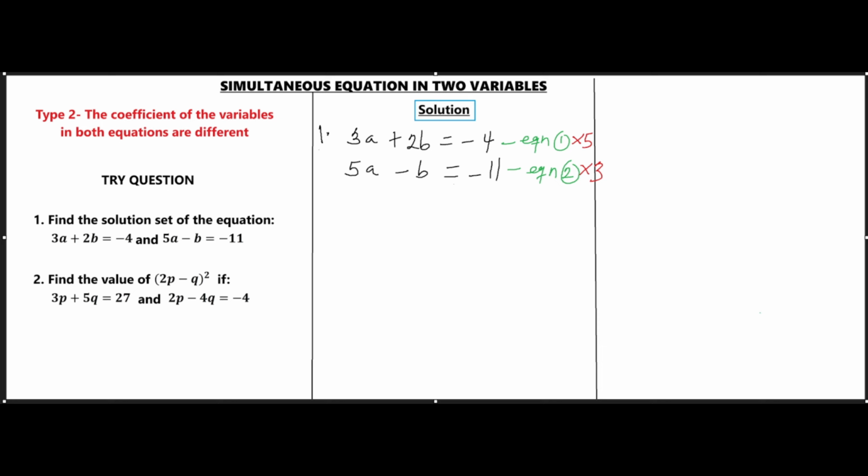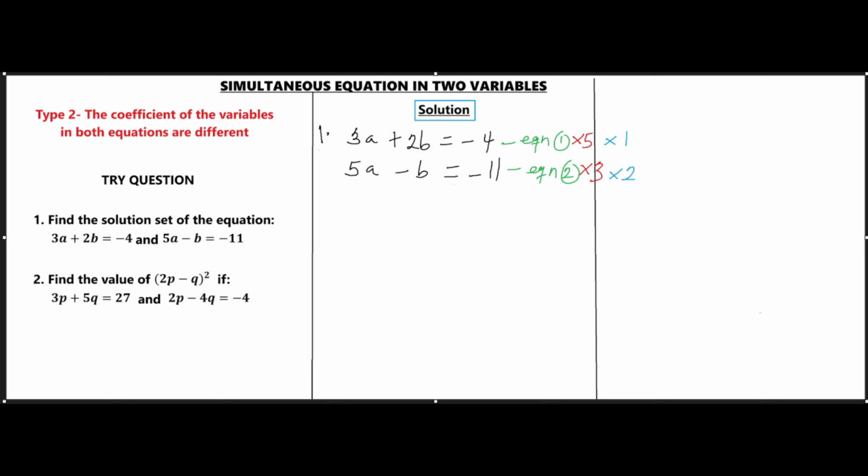In other words, if I want to eliminate b, what should we do? Here the coefficient is -1, so the actual number here is 1. I can multiply equation 1 by 1, and then the coefficient of b in equation 1 is 2, so I multiply equation 2 by 2.